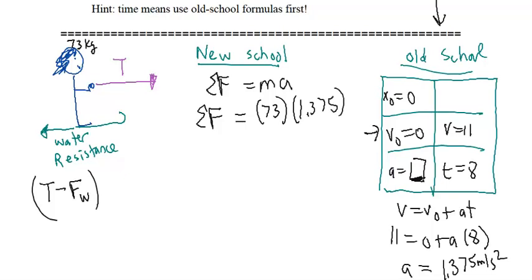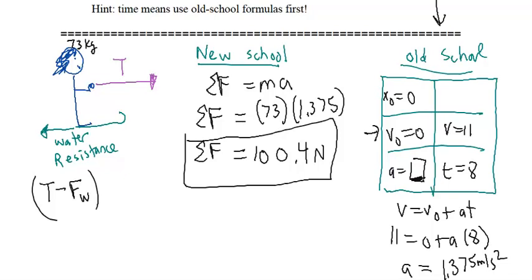So the net or total force is 73 times our acceleration, which is almost 100, so 100.4 newtons. Because again, that's all that matters, that's what they're asking, net force. Now, she doesn't feel 100 newtons.